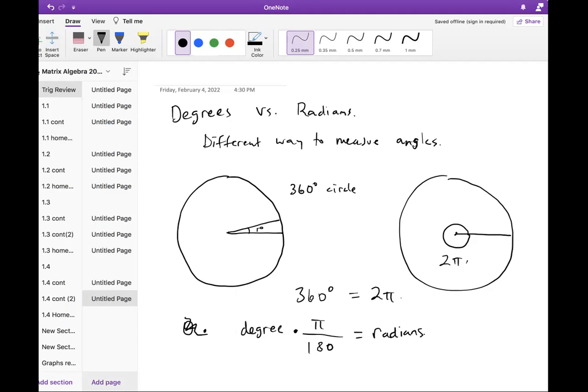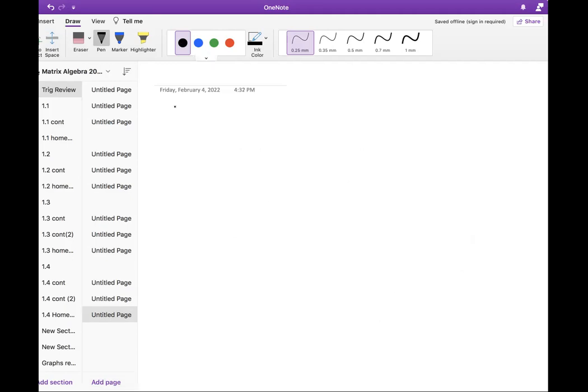Okay, so let's think about other calculations for sine and cosine. And remember, sine and cosine is just the x and y value for a ray intersecting the unit circle.